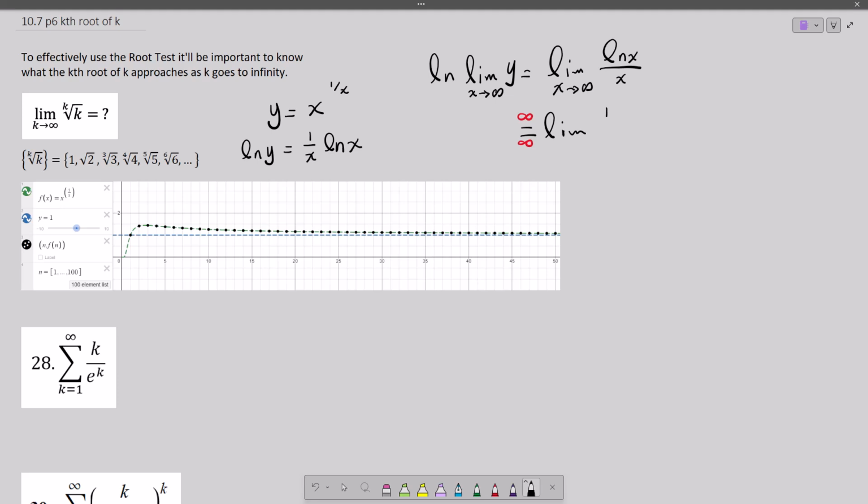The derivative of the top is 1 over x. The derivative of the bottom is 1. And what's the limit of 1 over x as x goes to infinity? 0. So on the left side, we have natural log, so we have to exponentiate both sides. The limit of y is going to be e to the 0, which is 1. So that's how we show, using the log limit process, that that limit is 1.